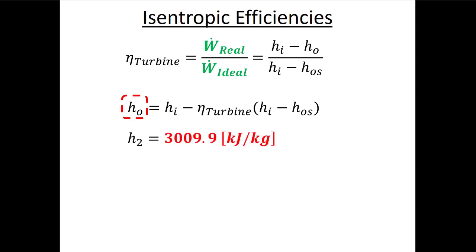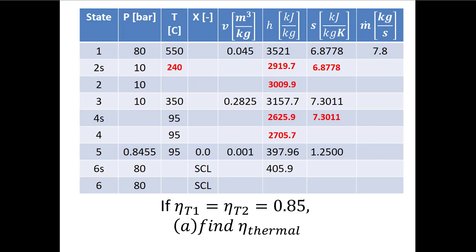So I can find that H2 is just about 3,010 kilojoules per kilogram, and H4 is 2,705.7 kilojoules per kilogram. So now I've found the real outlets from both turbines. That's pretty good. There were 3 specific enthalpies I wanted to find, but now I know 2 of them.